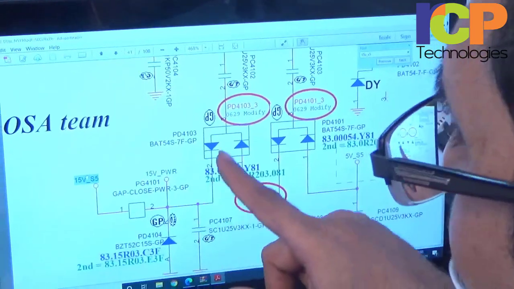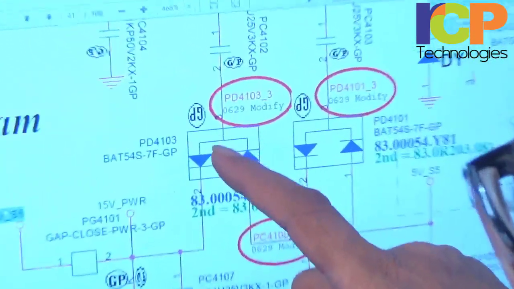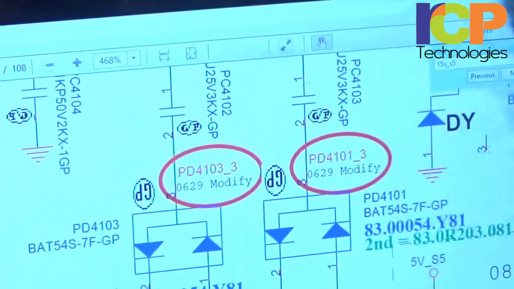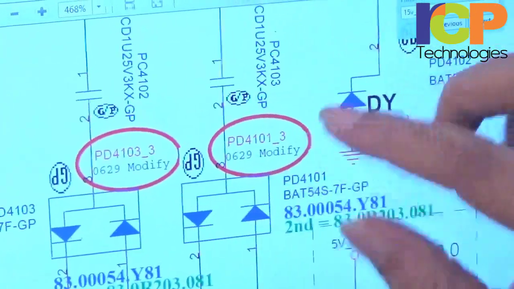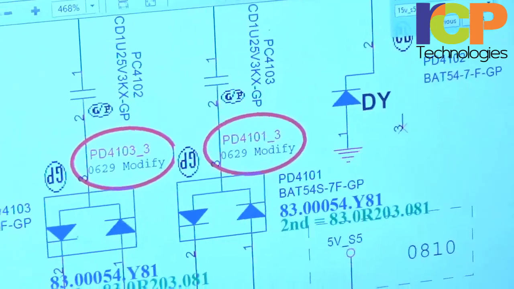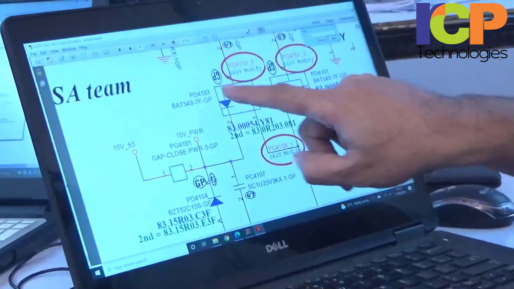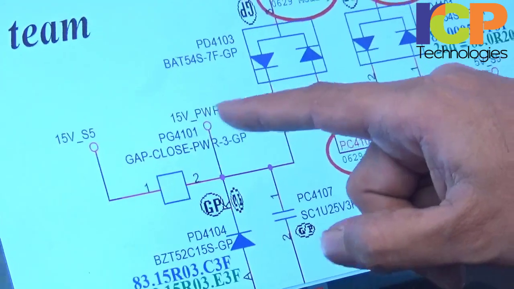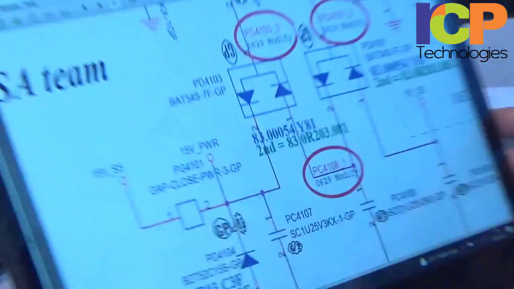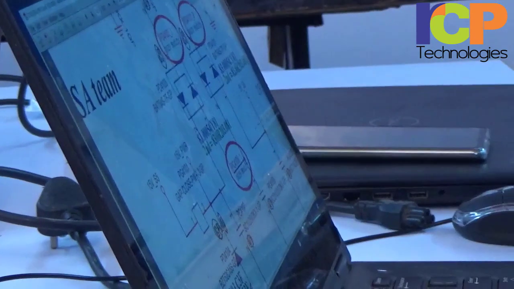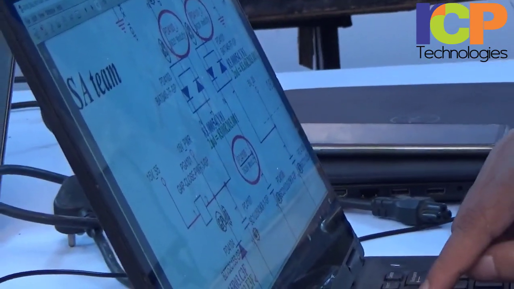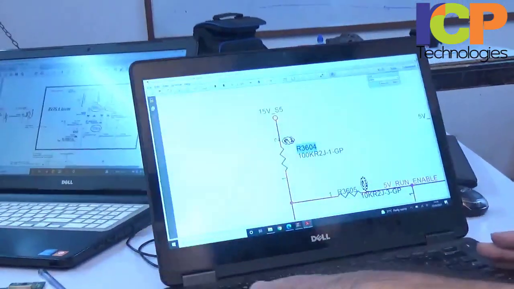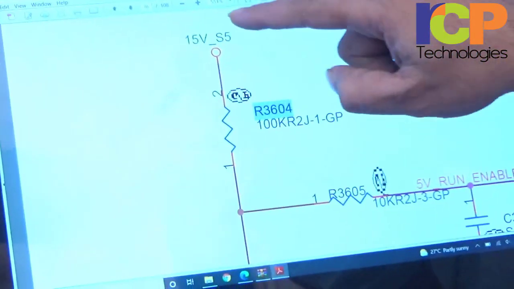So we go and check the voltage at these diodes. Identify the diodes. We'll confirm whether the problem lies here or not. Okay. So we could check that 15 volts S5 is present at this one. But what is the resistor? 100K resistor R3604. 15 volts should pass to this resistor.